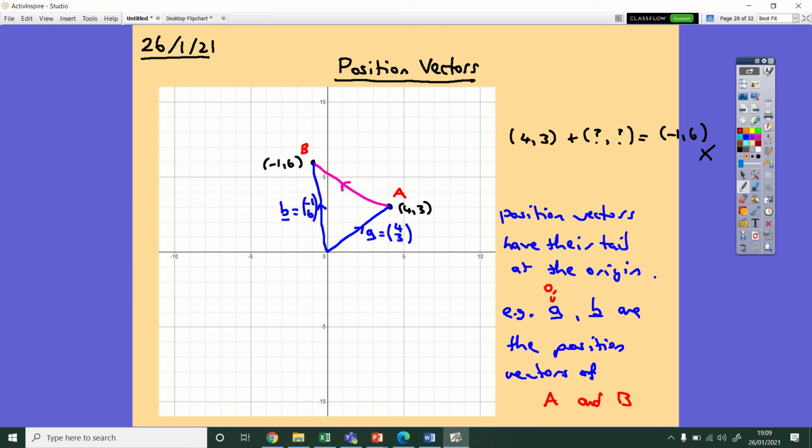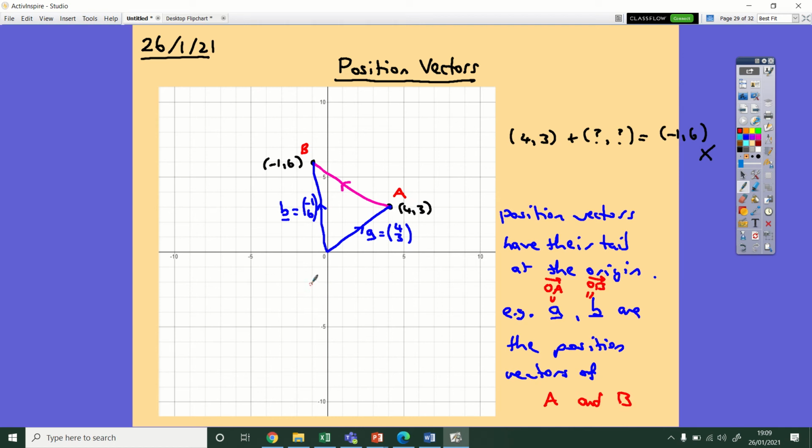So this is the same as O to A, this is the same as O to B. Right? So when we're doing calculations, it's very helpful to associate every coordinate that we've got in our problem with its position vector, because then we can move around this grid using combinations of these vectors.